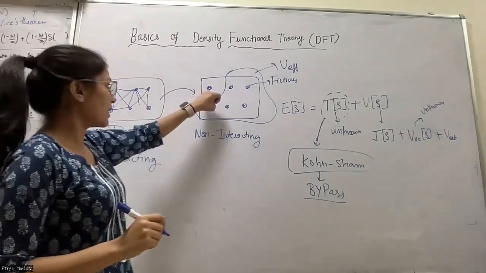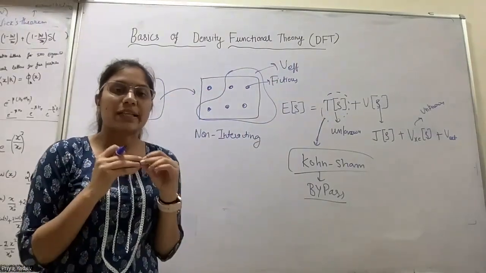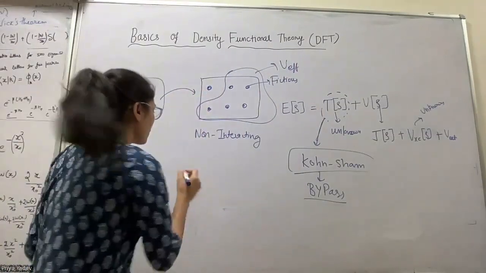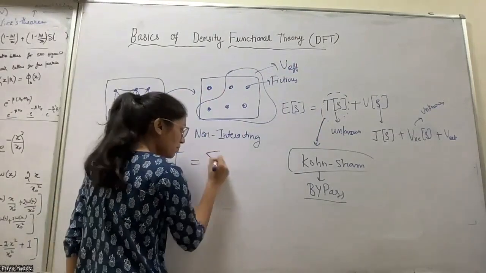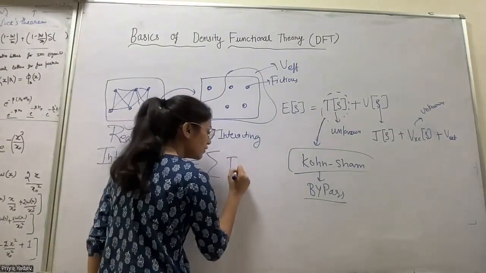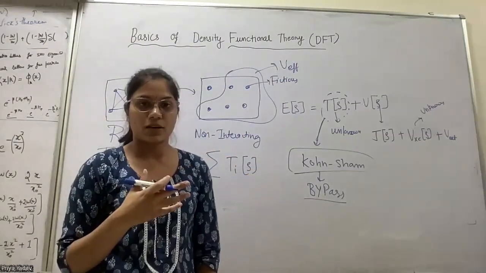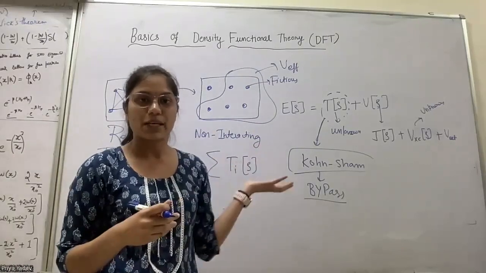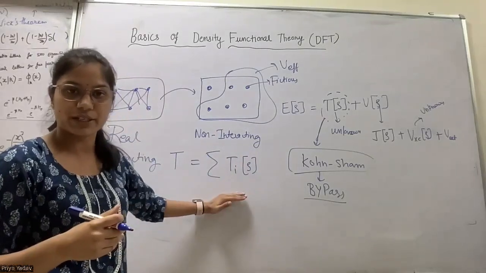Now, he considered each particle as a quantum mechanical particle, and they are not interacting. So the total kinetic energy will be the sum of individual kinetic energies, because these are not interacting now. That's what he approximated. But this is not really the true kinetic energy.